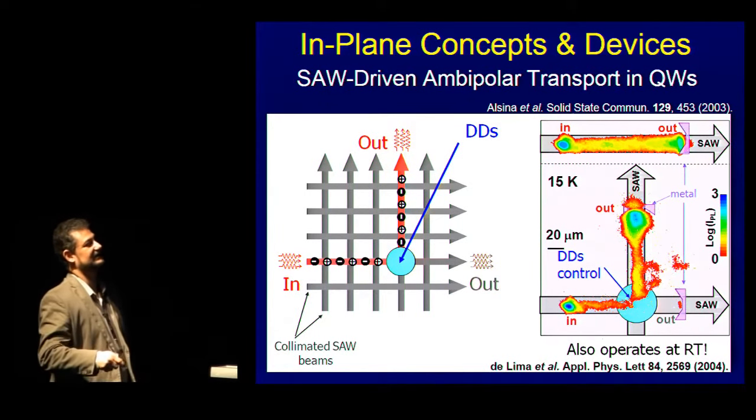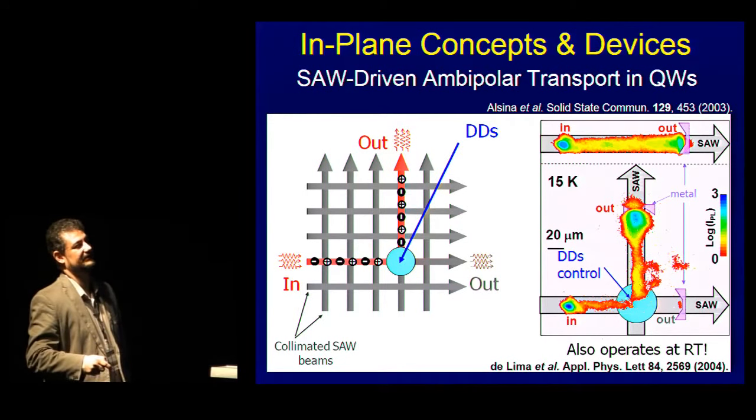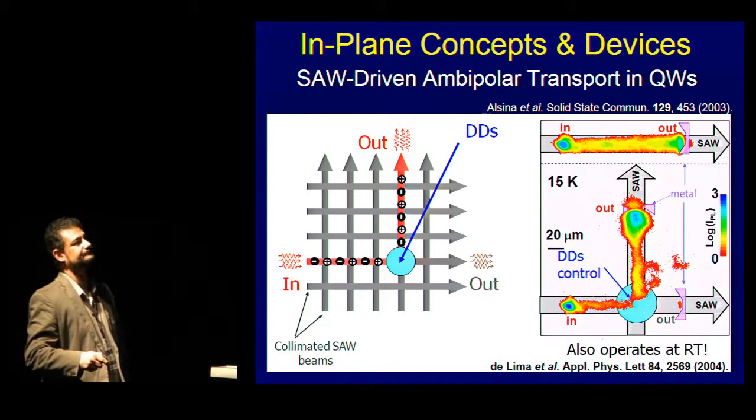So the idea here is that we have, for instance, a photoluminescence experiment where this is the place where we have a laser spot focused. So here we have our excitation spot, okay?